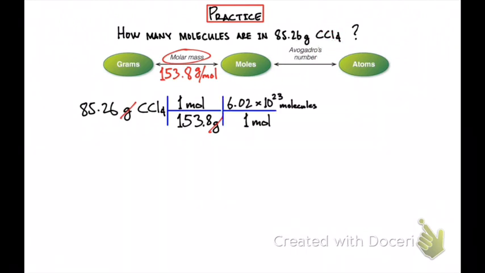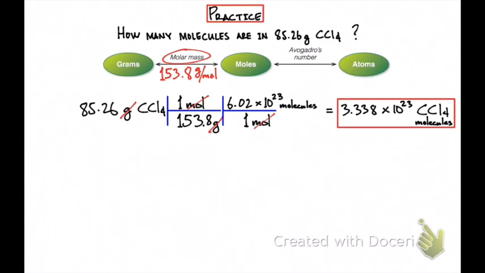Because this is the number of moles, we're going to put 1 mole at the bottom so that they cancel each other out, and the unit that we want up top, Avogadro's number of molecules. The moles cancel, and all you have to do now is multiply all the numbers up top divided by the numbers at the bottom. So 85.26 times 1 times Avogadro's number divided by 153.8.